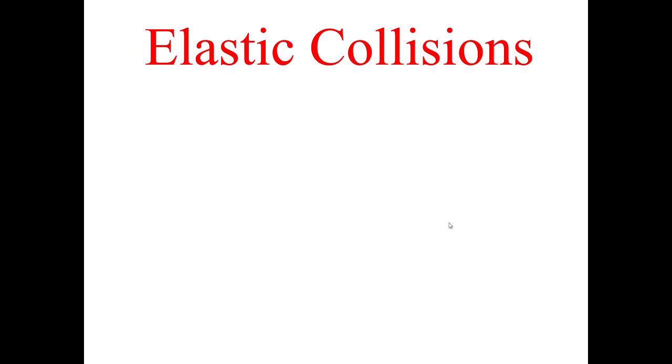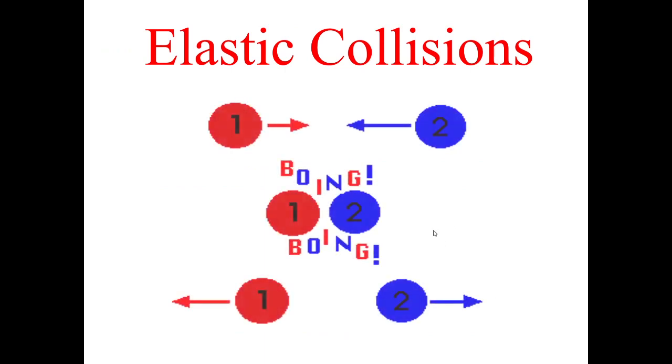All right, elastic collisions. This is something that's hard to even come up with an example of at a scale larger than molecular, because we have things like air friction and gravity and we don't have perfect systems.